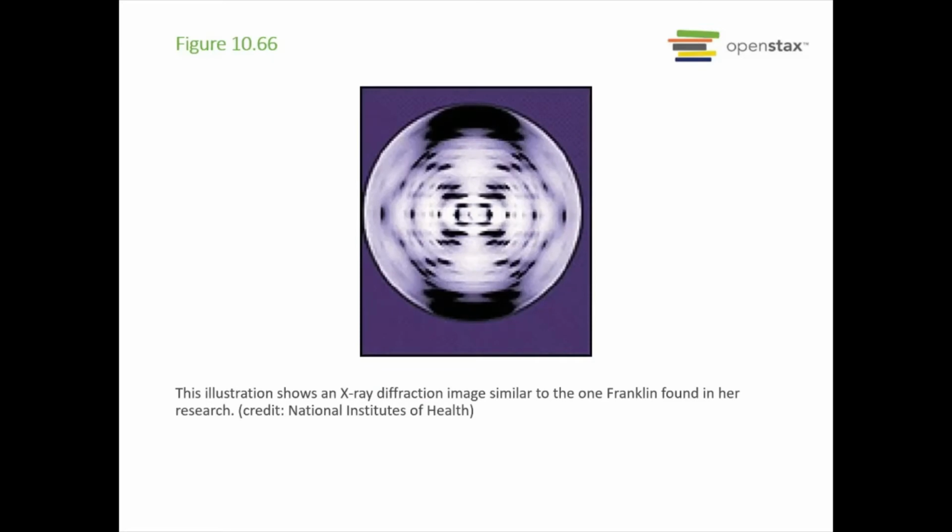X-ray crystallography is a major thing in science. One of the biggest parts of it is thanks to Rosalind Franklin, whose work helped Crick and Watson figure out the structure of DNA. Her research looked at X-ray diffraction. She actually started looking at the structure of coal, which helped in the British war effort in the early 50s.